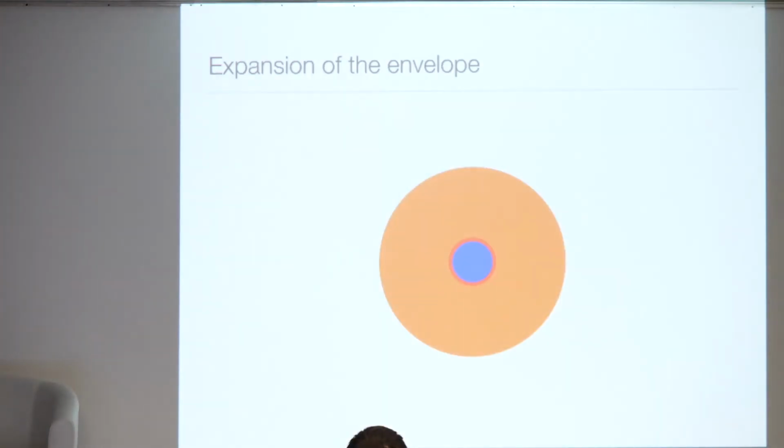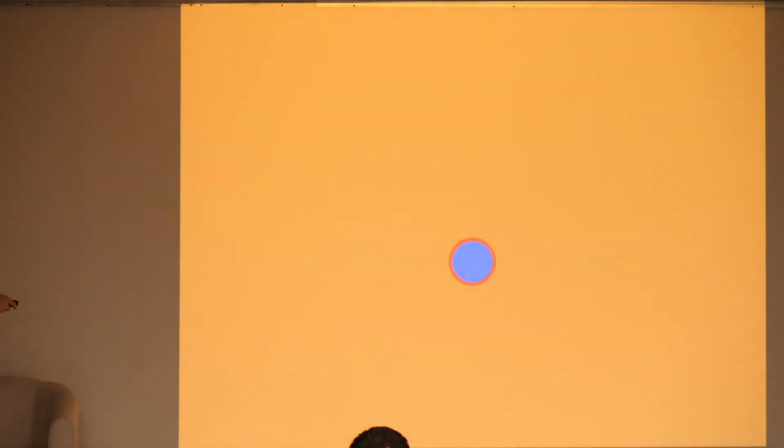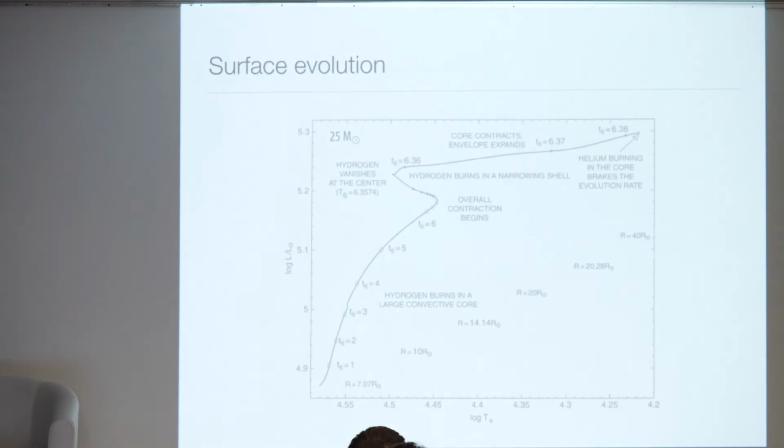I wrote it in a very exaggerated way, but this central core is only about 0.1 solar radius, while the outer radius can be 1,000 solar radii. So this star needs to expand really a lot.